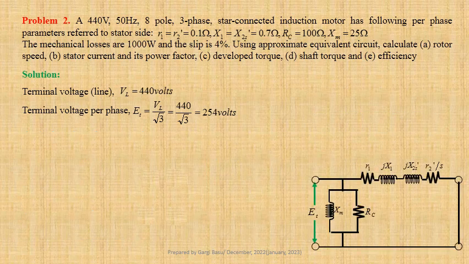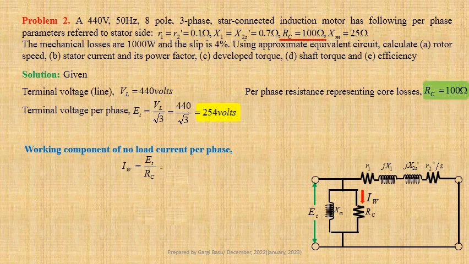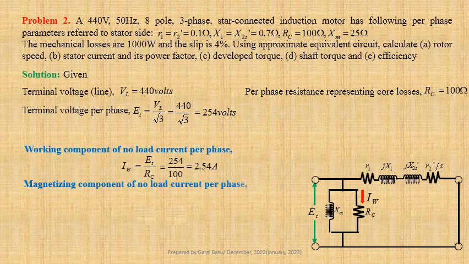Let us now determine working component of no load current per phase. IW equals ET divided by RC. Given per phase resistance representing core losses, RC equals 100 ohm. Therefore, IW equals 254 divided by 100, that gives us 2.54 ampere. Now we shall calculate magnetizing component of no load current per phase.